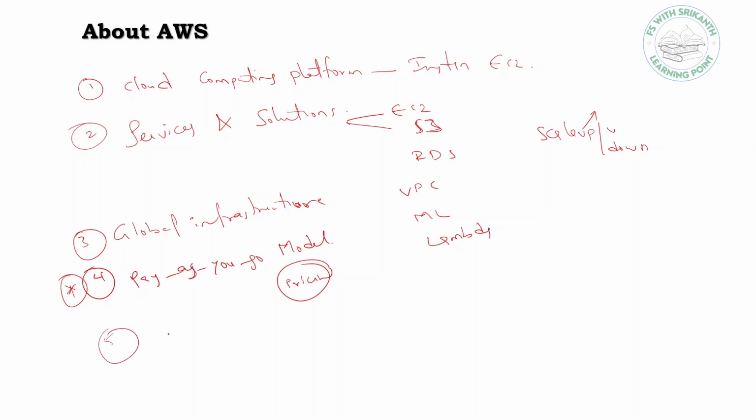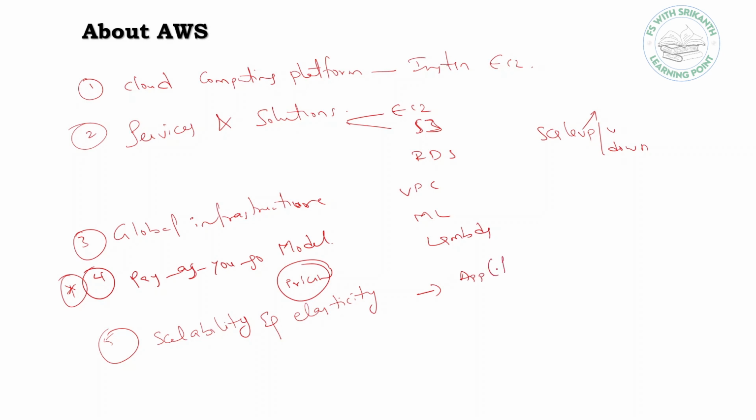Scalability and elasticity. AWS allows users to easily scale their infrastructure up and down based on their needs. Suppose you launched your application.